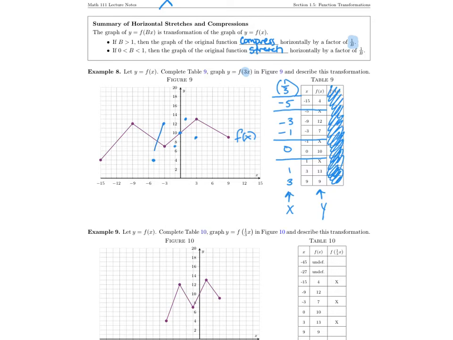There we go. So here's our compression, f of 3x. So that is an example of a horizontal compression.